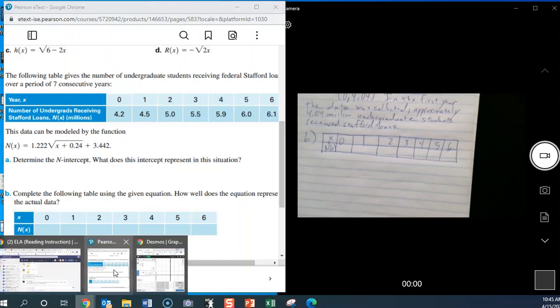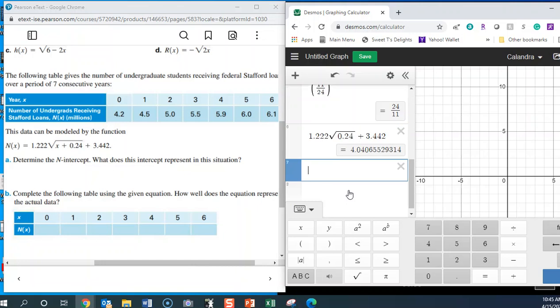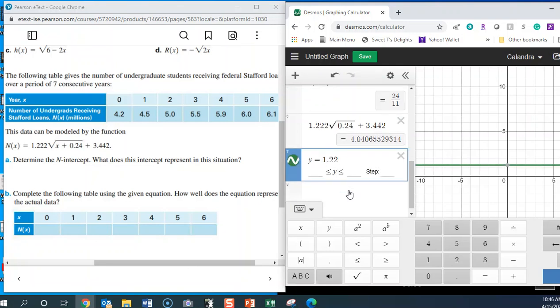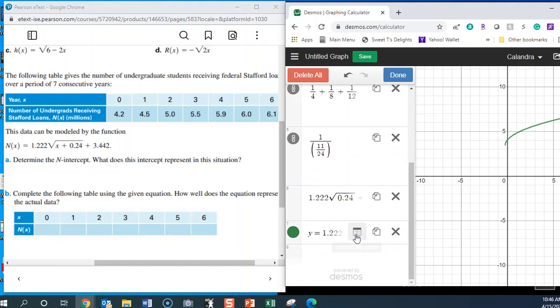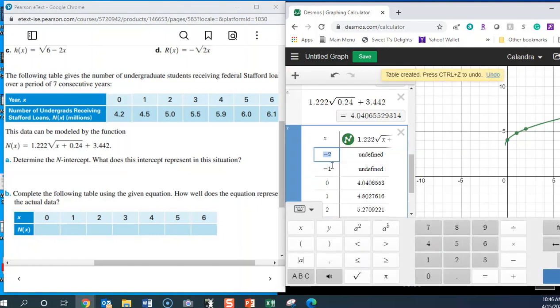So let me pull up the calculator. Then we could type in, instead of using n of x, I'm going to put y is equal to 1.222 times the square root of x plus 0.24, and then plus 3.442. Okay, now we'll hit this table. And then we could start adding in the values.